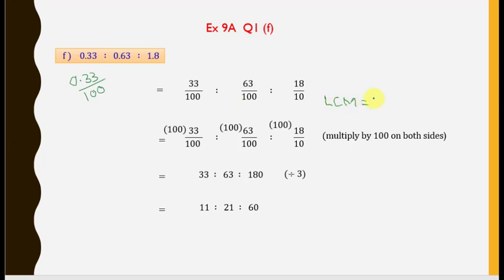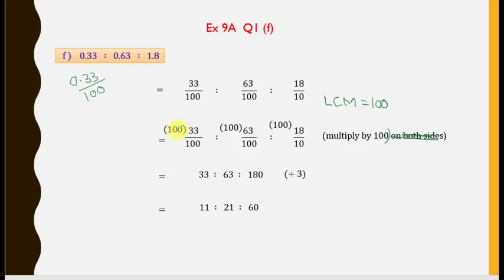So our LCM is 100 in this case. Now you will multiply 100 with all of these three fractions. This is what we have done in this second step, multiplying by 100 with all of these fractions. It is not on both sides. So multiply by 100.